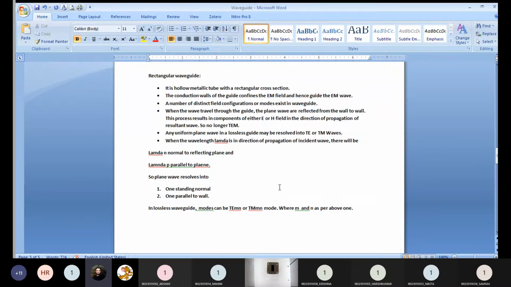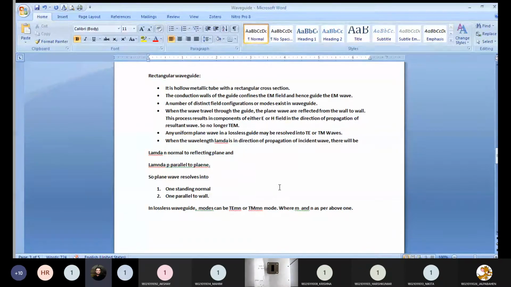When the wave travels through the guide, the plane wave enters into the waveguide, and this plane wave is reflected from wall to wall. This process results in components of E and H field in the direction of propagation of the resulting wave.